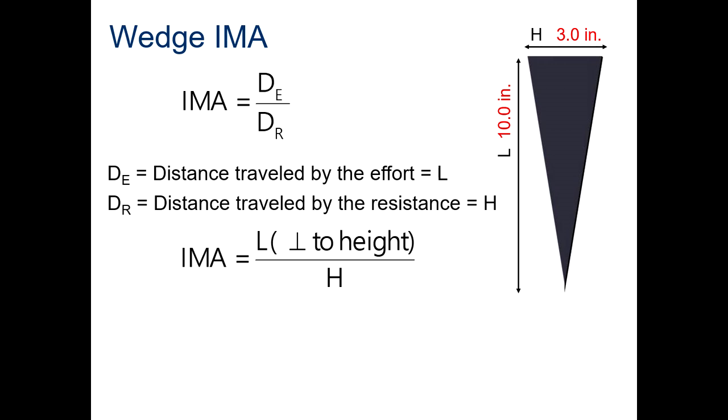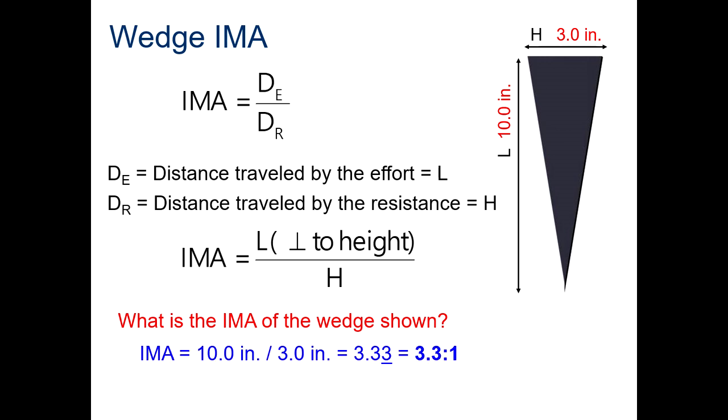Okay? And again, that length is the perpendicular length. It's not the angled length. So the IMA of the wedge is going to be 10 divided by 3, which will be 3.3 repeating. And so we'll just round that off to 3.3 to 1.